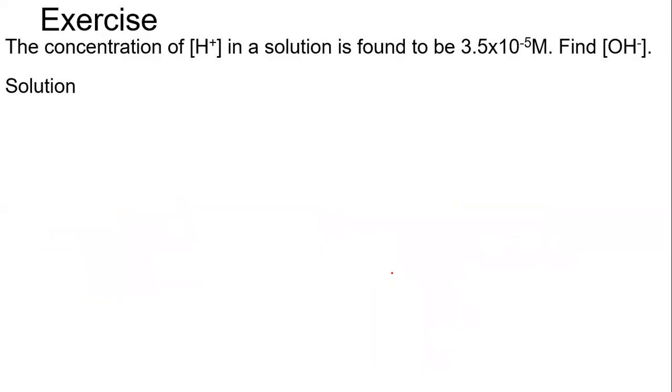Very simple. Good. Now the concentration of the H+ in a solution is found to be this. Find the OH- ion concentration. So if you remember very well, I said that Kw is equal to the concentration of the H+ ion times the OH- ion, right? That's Kw. Good. Now, the Kw, we know the value as 1 × 10 raised to the power negative 14, right?